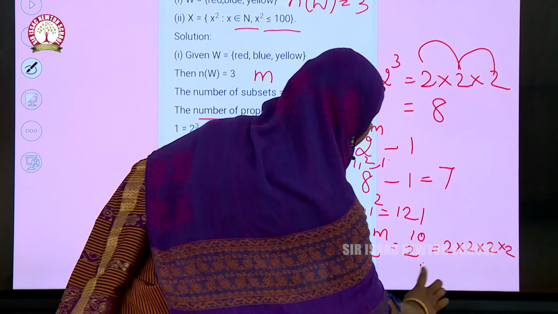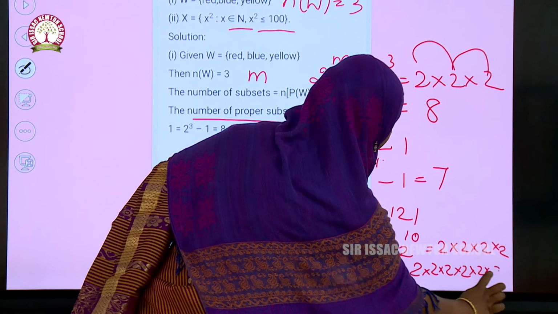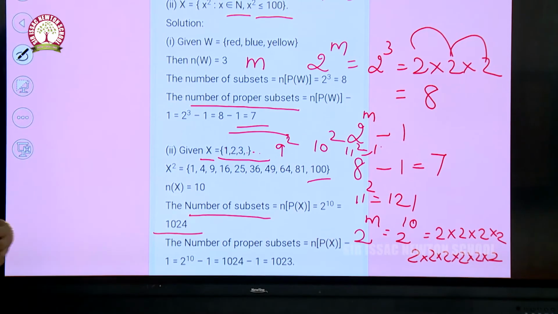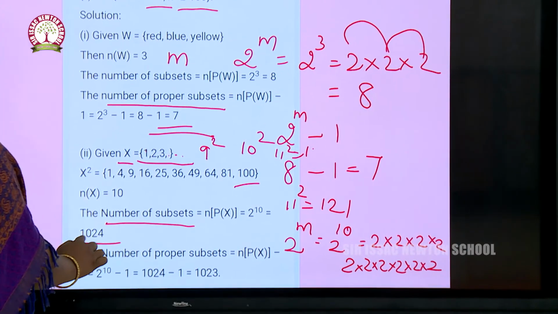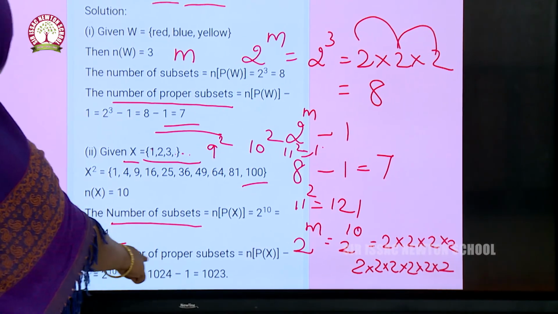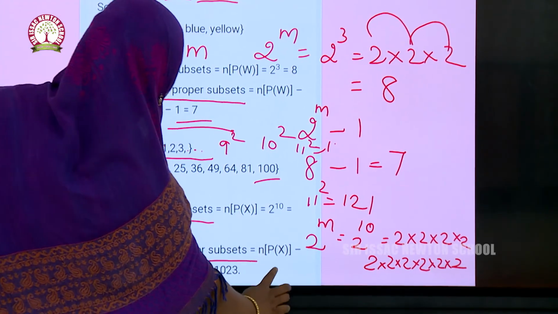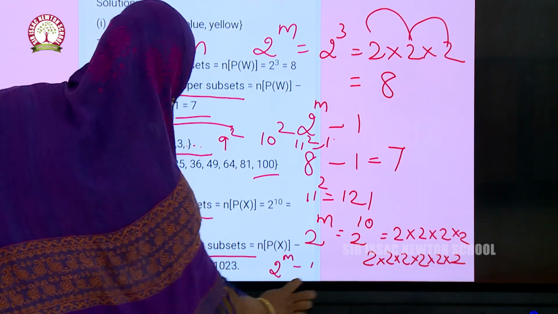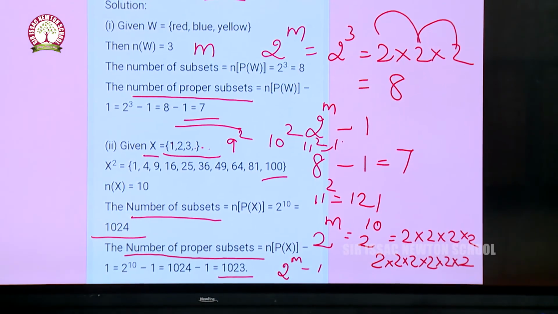So write it 10 times and multiply, and you will get 1024. So the number of subsets is 1024. How do we find the number of proper subsets? 2 power m minus 1. So 1024 minus 1, which is 1023.